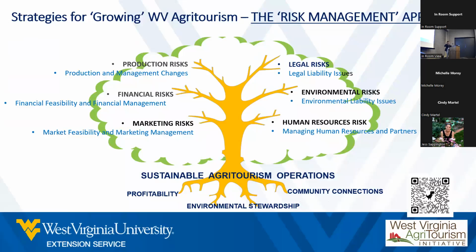So if we want to grow agritourism operations that are rooted in sustainability, profitability, environmental stewardship and building these community connections, then one approach would be to make sure they understand risk management, right? What are the risks? If I do it correctly, what's going to bring me rewards? And if I do it incorrectly, what's probably going to derail my business, right?